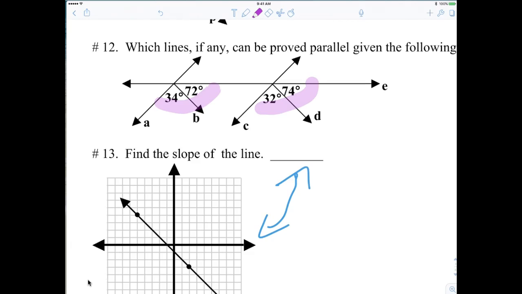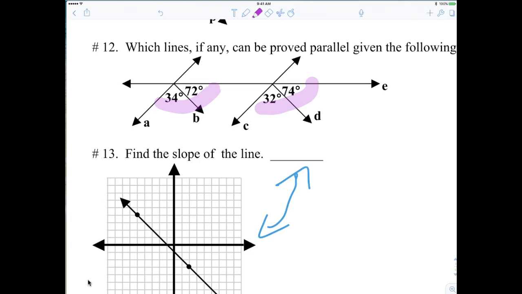Right? You see what I'm saying? It would be nice if that 74 was 72. Then we could say that D and B are parallel. But it's not. 34 plus 72 is a good little trick question. Do you understand corresponding angles have to be congruent in order for the lines to be parallel?